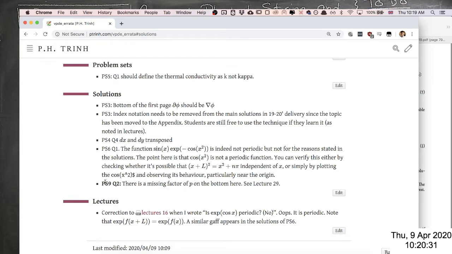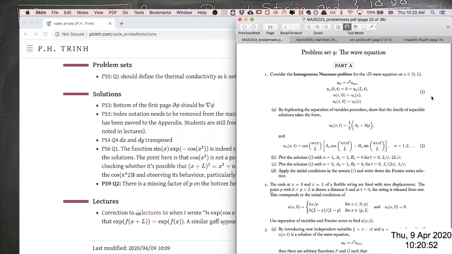In fact, I remember that when we were still in session at the university, someone had pointed it out to me after one of the lectures, and I forgot to mark it down, and I forgot their name as well. So if you were the person that pointed it out weeks ago, thank you very much.